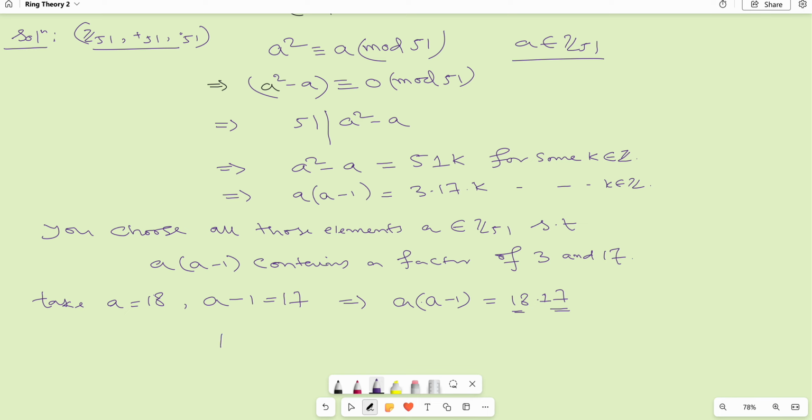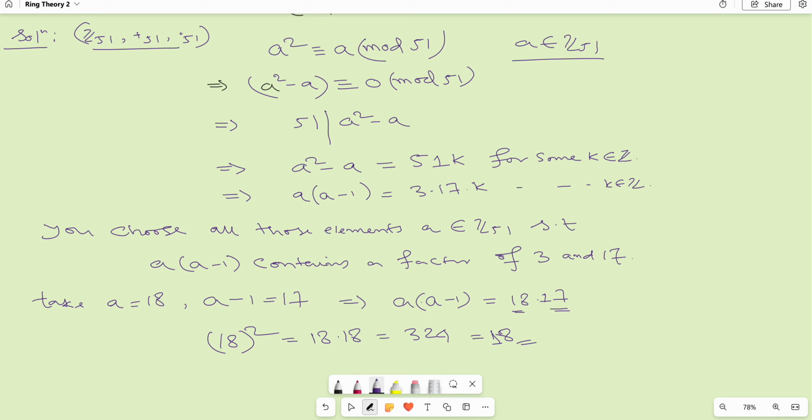So let's see. 18 square is equal to 18 into 18. This is actually 324. In mod 51 it is nothing but 18, right? Because the remainder will be 18.